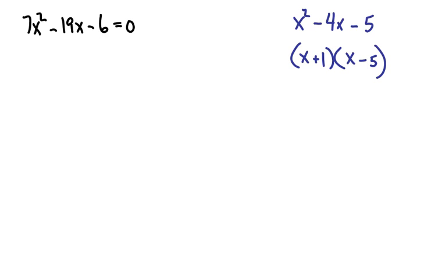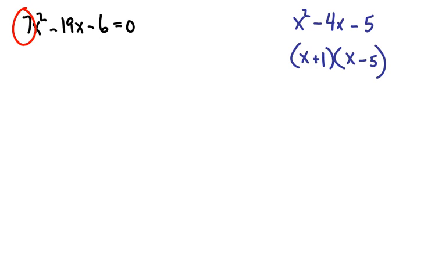Well, the question is, what happens over here with 7x squared minus 19x minus 6, where you don't find two numbers that multiply to give you 6 but add to give you negative 19? Because when you have a number in front of the x squared, you have to do it this way.